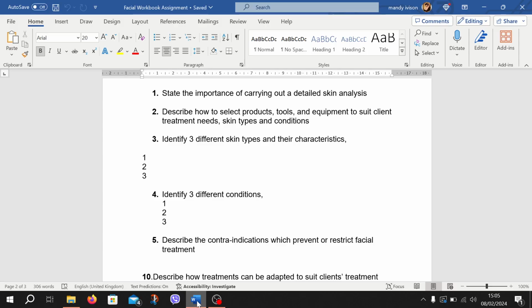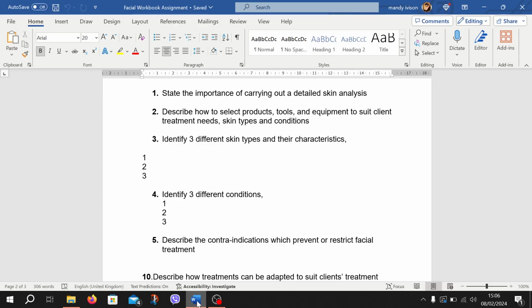So we've said 1, which is dehydrated. So you've got a superficial crisscross sort of pattern, broken capillaries, can be quite tight. You've got seborrhea, which is an overactive sebaceous gland, which produces an excess of sebum, which is oil. So the skin could be greasy and shiny.